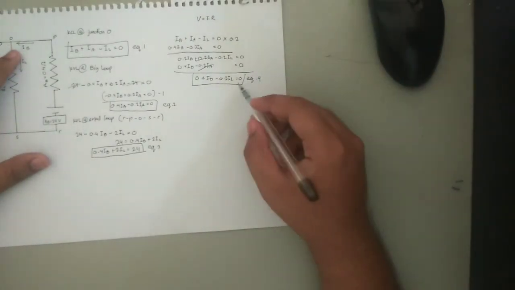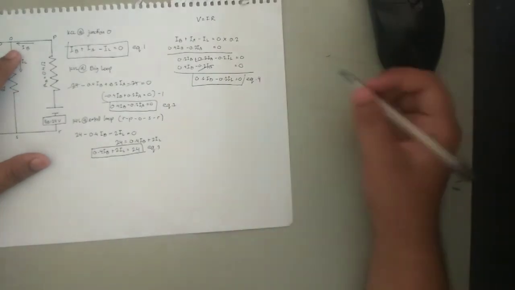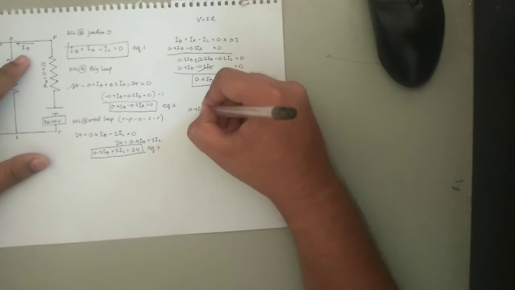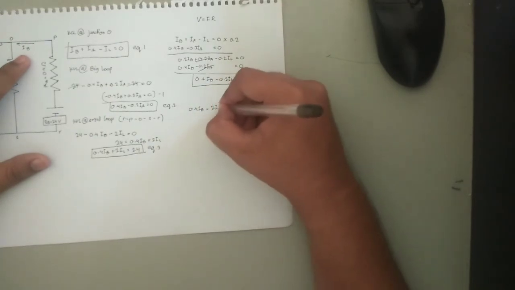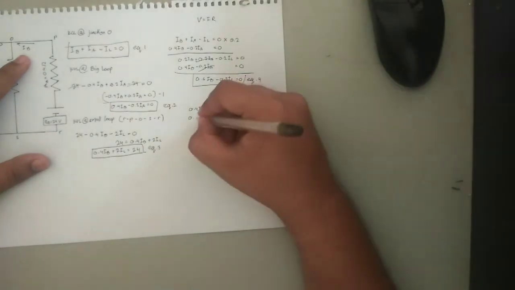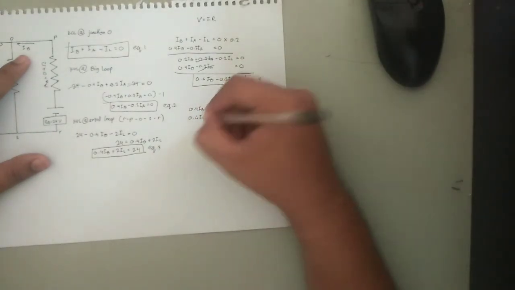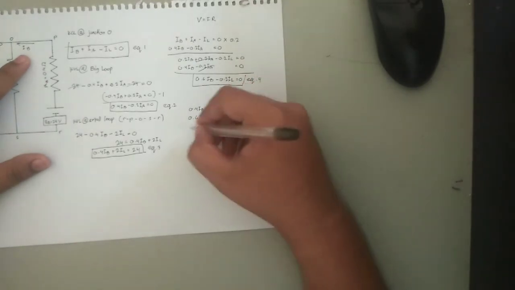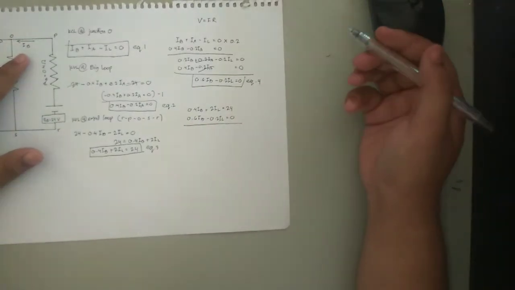Okay, and then we're going to use equation number 4 with equation number 3. So this is equation number 3. And equation number 4. So now what are we going to do here?